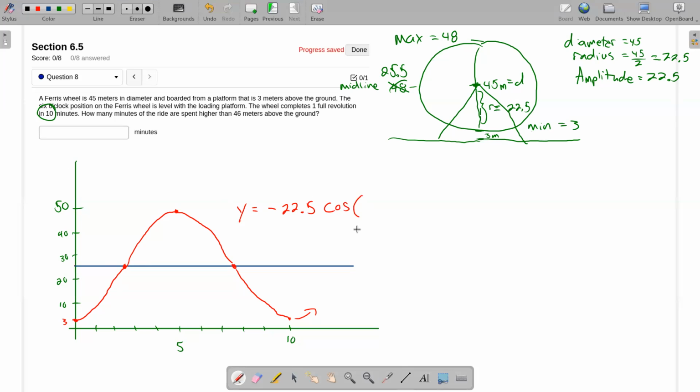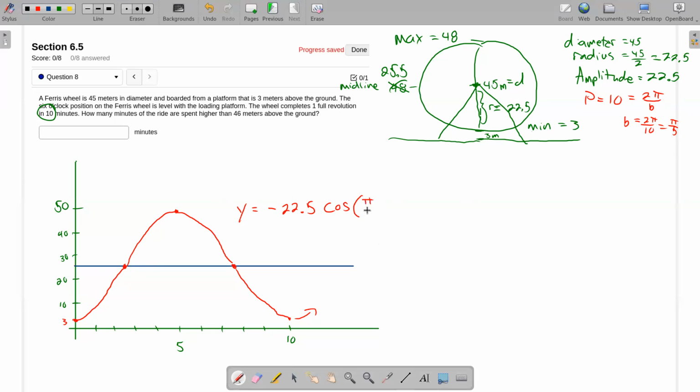cosine of, let's see, I haven't messed with the period yet. The period is 10. To get the multiplier, we compare that to 2 pi over b, the multiplier. So that gives me b equals 2 pi over 10. So b is pi over 5. So that's my multiplier to get the right horizontal stretch on this.